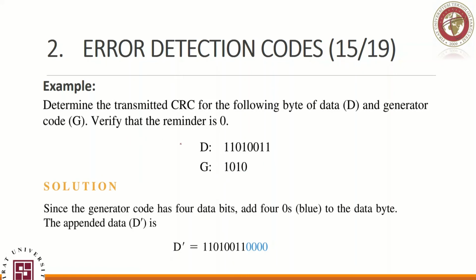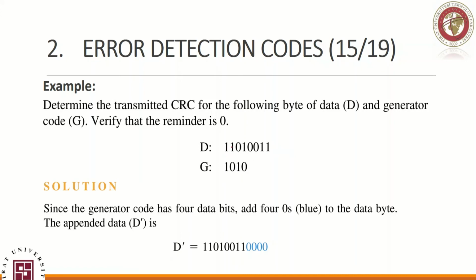Okay? Now what we need to do is create the CRC code to be sent using this generator. So in order for us to do that, we have to apply the long division or the Modulo-2 for this operation between the data and the generator. Before that, we need to append a number of zeros equal to the generator length.